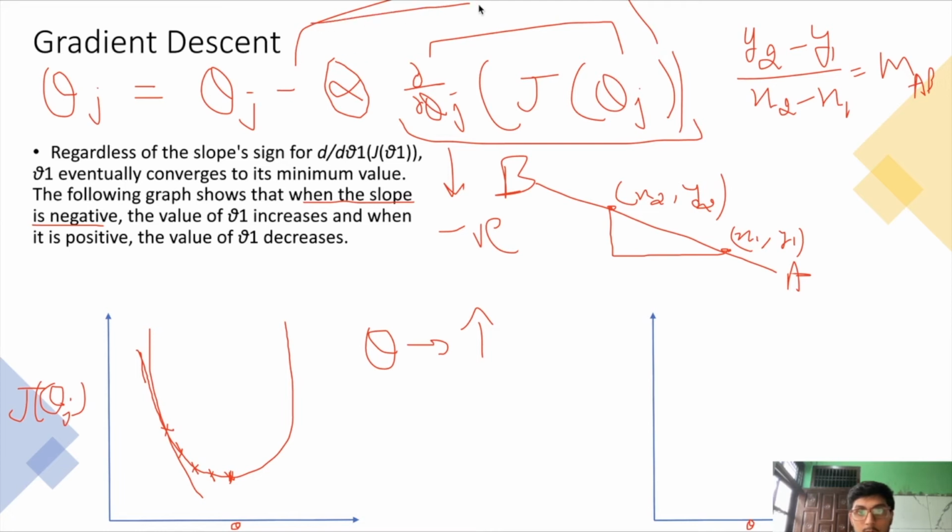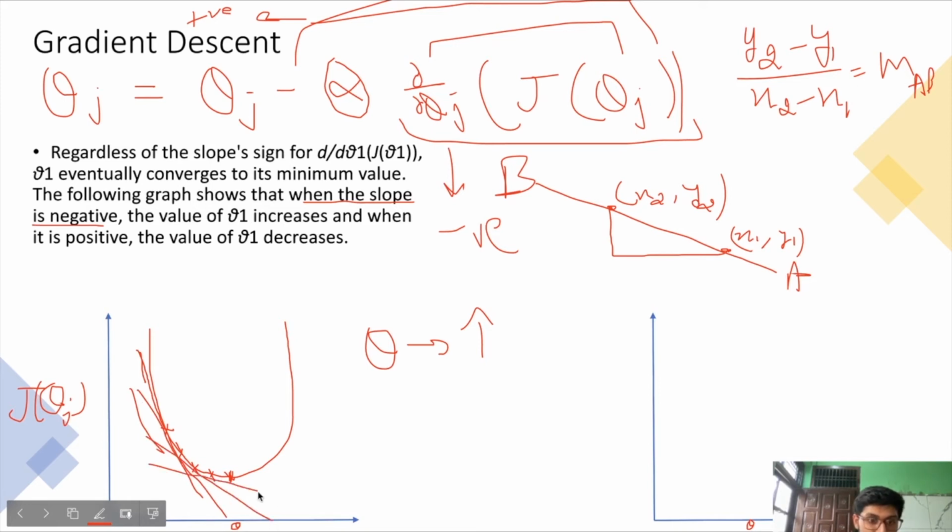Is that okay? So now let's move on. I have told you that it will be something like this, then this, then this, and finally it may be a straight line, like this. That's all the intuition I want to give.